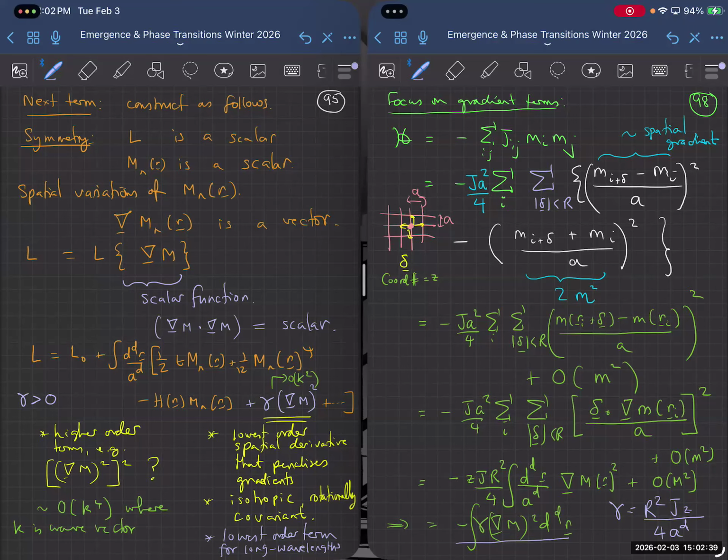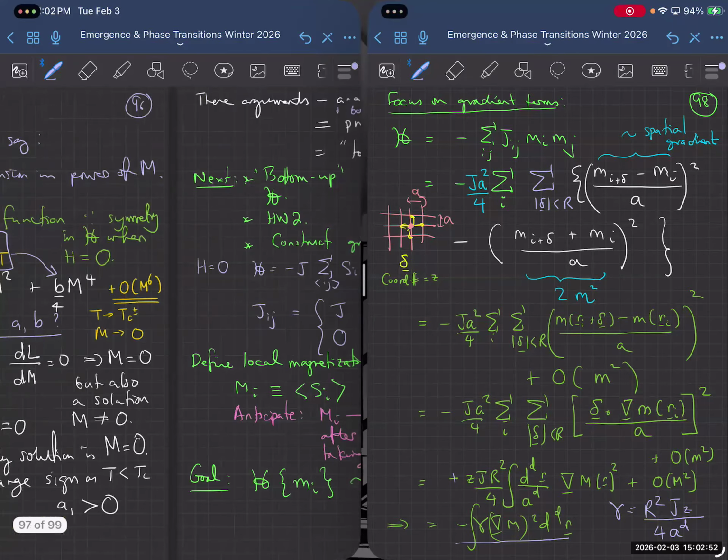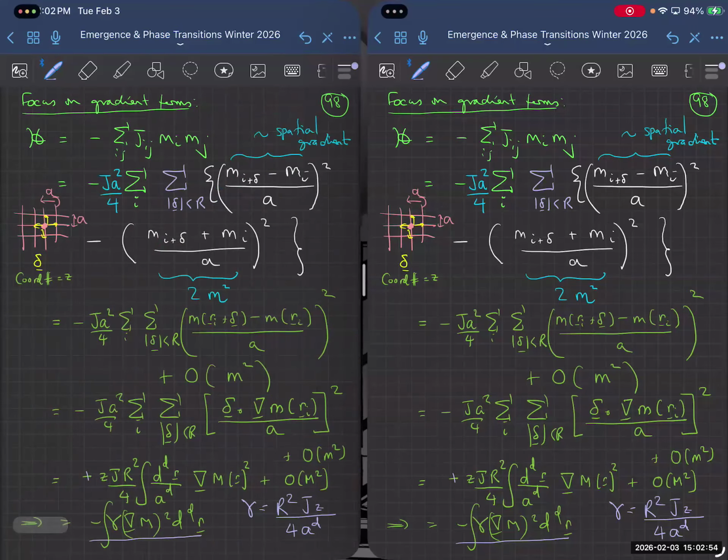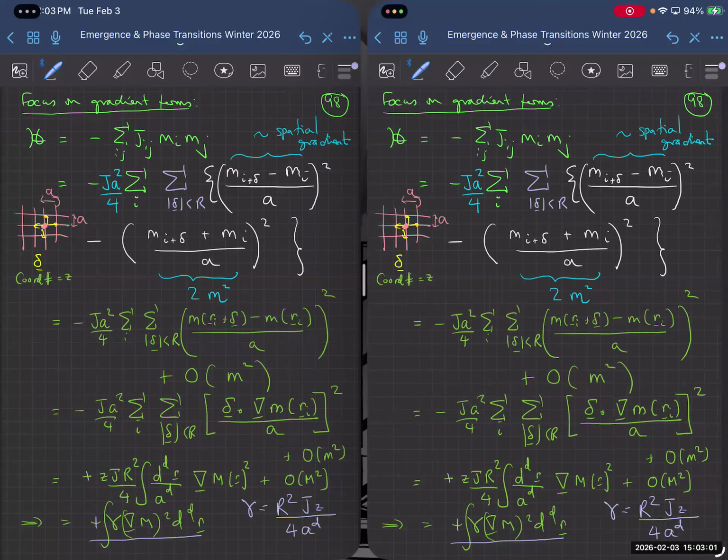And let's see, there's another thing that's missing here. Oh, I think this should be a plus sign, because we've integrated by parts to go from here to here. Okay, so I think this ends up being a plus.